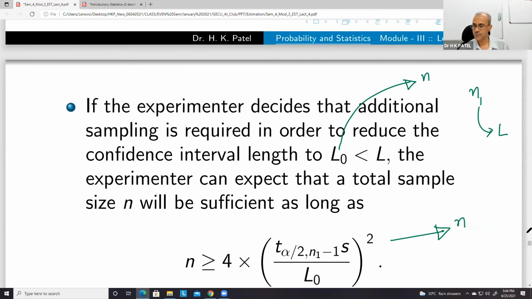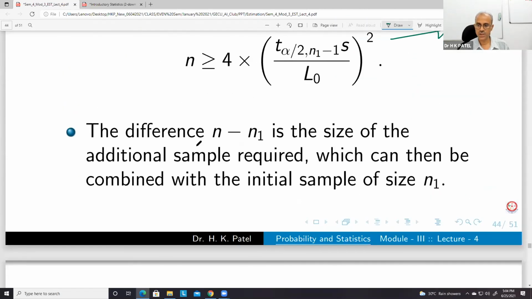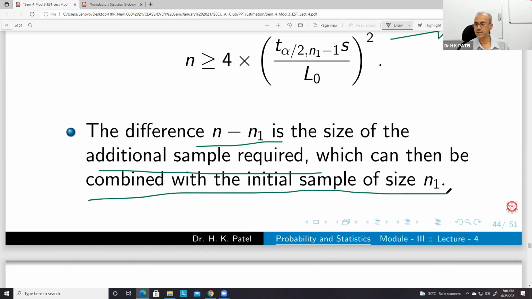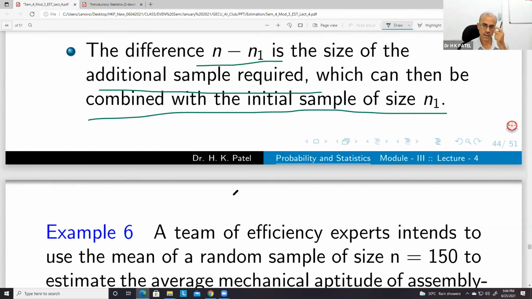This n minus n1 is the additional sampling. So n minus n1 is the size of the additional sample required, which can then be combined with the initial sample of size n1. Okay, so it is like that.